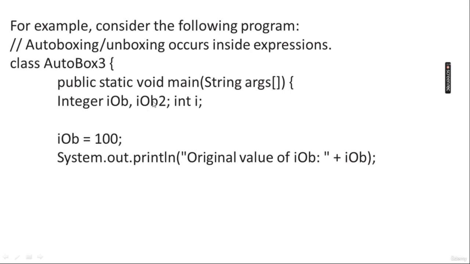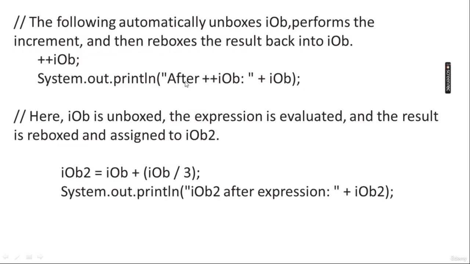Integer I object to integer I. I object is initialized to 100. Original value of I object is 100. Then the increment following automatically unboxes I object, performs the increment and then reboxes the result back into I object. Incremented after and displayed. IOB is unboxed, the expression is evaluated and the result is reboxed and assigned to IOB2. Okay.